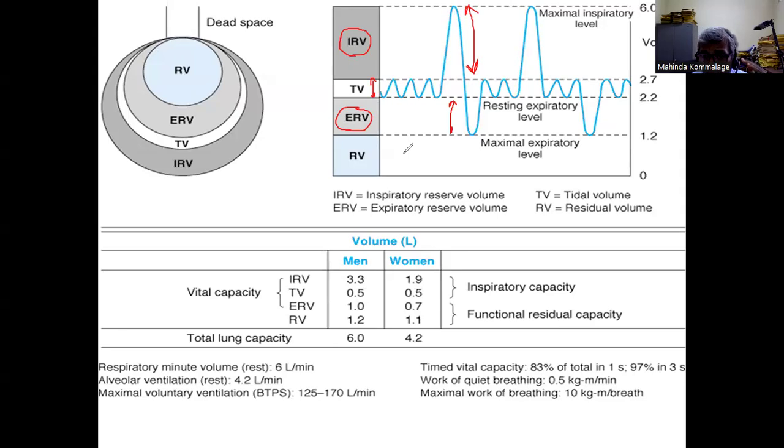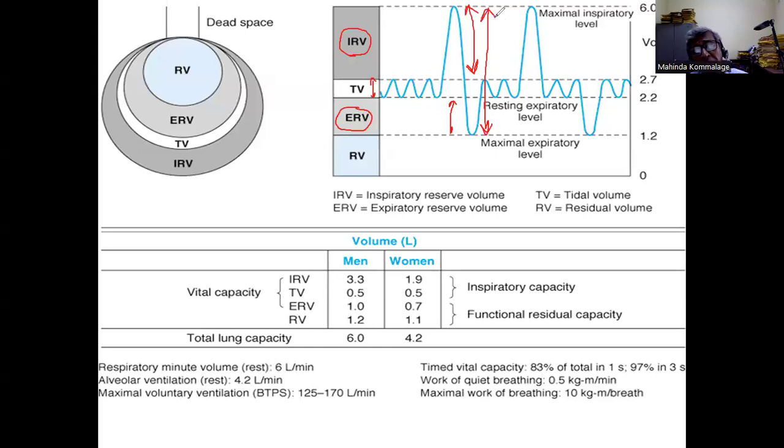So if we want, we can take a very deep inspiration and keep that in the lungs, and we can expire all of it with expiratory effort. If we do that, we get extra inspiration plus extra expiration. This whole volume we can actually put out.